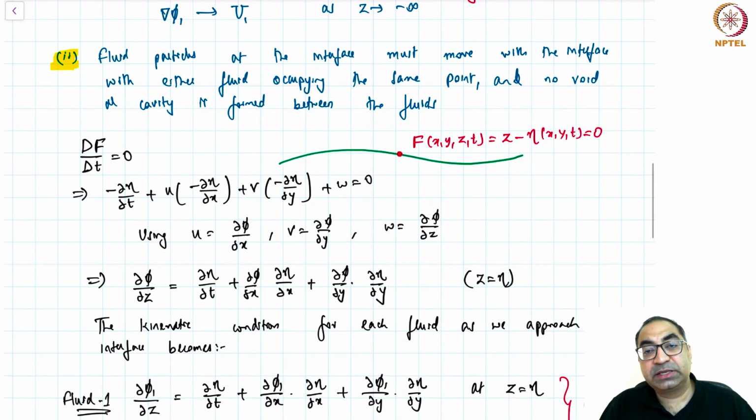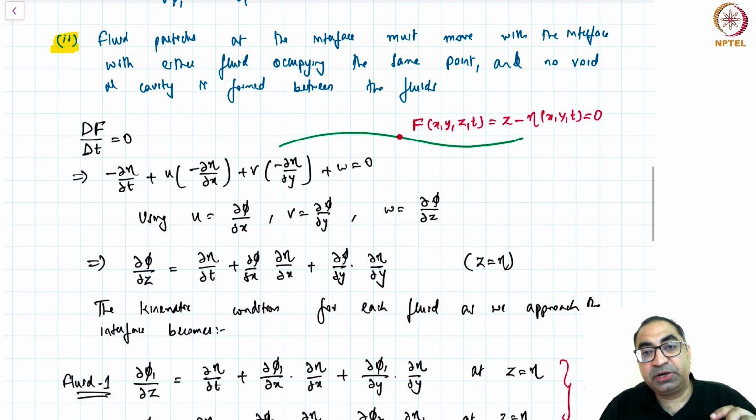The next condition is the kinematic condition, which essentially says if the lower fluid and the upper fluid are moving because of the motion of the interface, then the velocities have to match in such a way that if the upper fluid is moving up, then the lower fluid has to come and fill that void that has been created. So the way we do this is to say that a point on the interface is uniquely obtained whether you approach from the top or the bottom. So we first write down an expression for the interface shape.